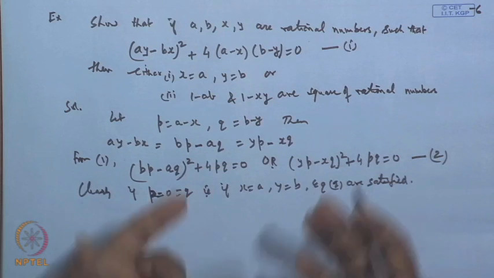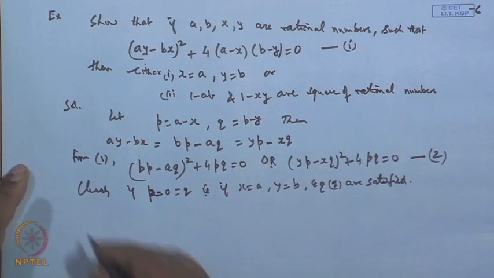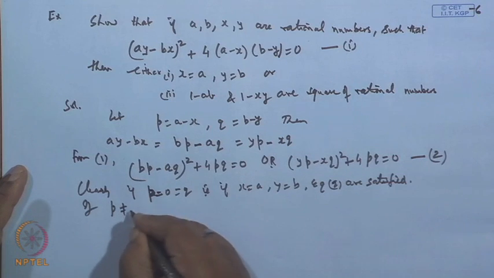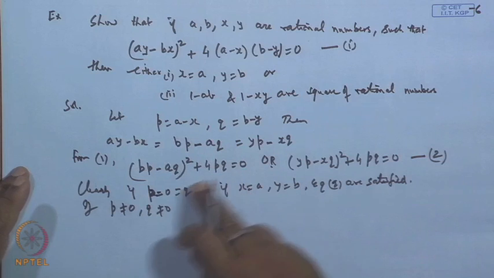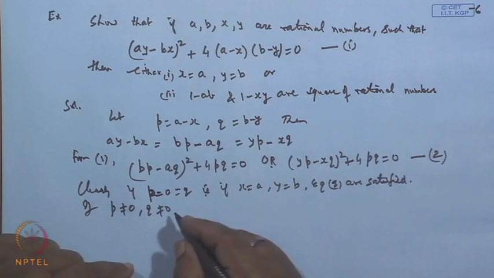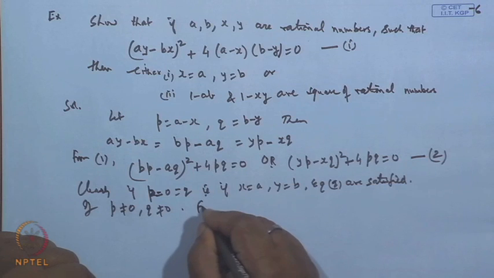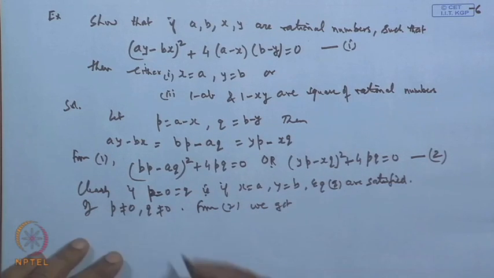Obviously true. Now, if they are not 0, if p is not 0 and q is also not 0, then one can divide equation 2 by pq. So, from equation 2 we get the relation.